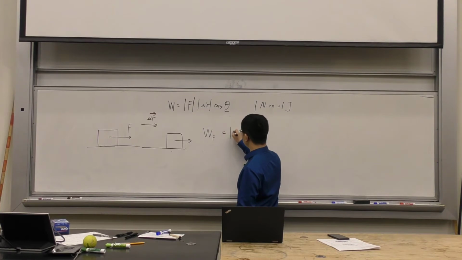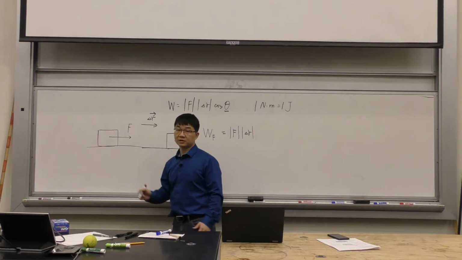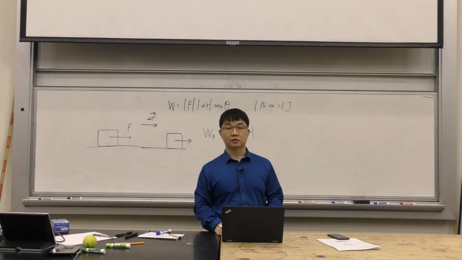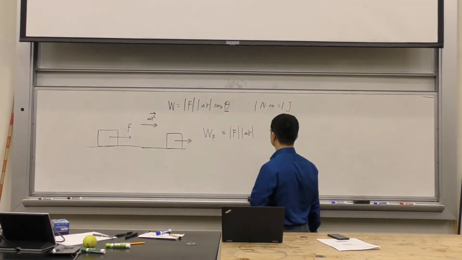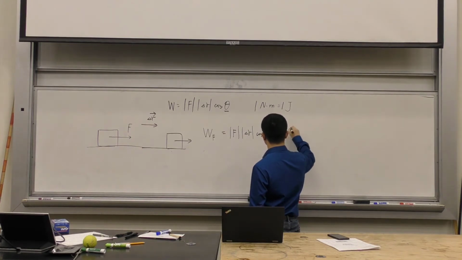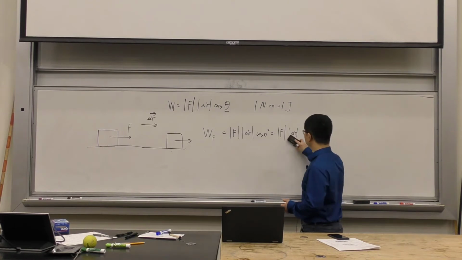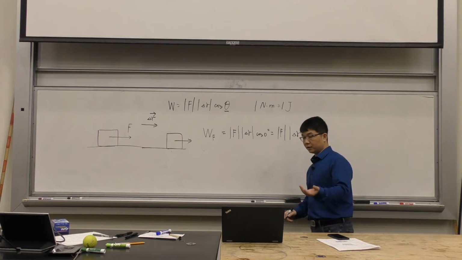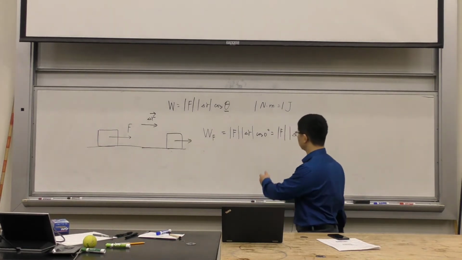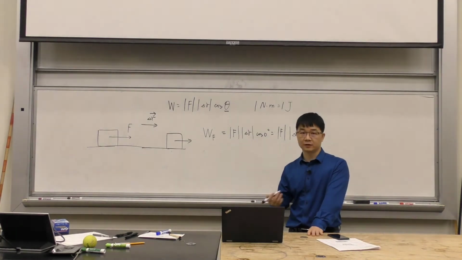So you would just do force times displacement times cosine. What is the angle between them? If the force and the displacement are in the same direction, the angle is going to be 0, right? So that's cosine 0, and that's just going to be force times displacement. That's the simplest case. When the force and the displacement make a 0-degree angle, when they are in the same direction, you just get force times displacement. Okay, that's a very special case.